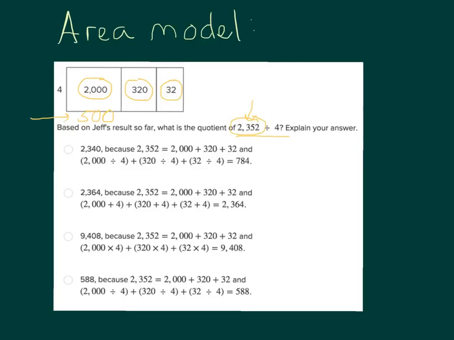And now let's look at 320. 320 divided by 4 is, well, 4 goes into 32 8 times, so it's going to be 80. And then 32 divided by 4 is 8. So that's what he came up with. So if you add those up, 500 plus 80 plus 8, you're going to get 588.